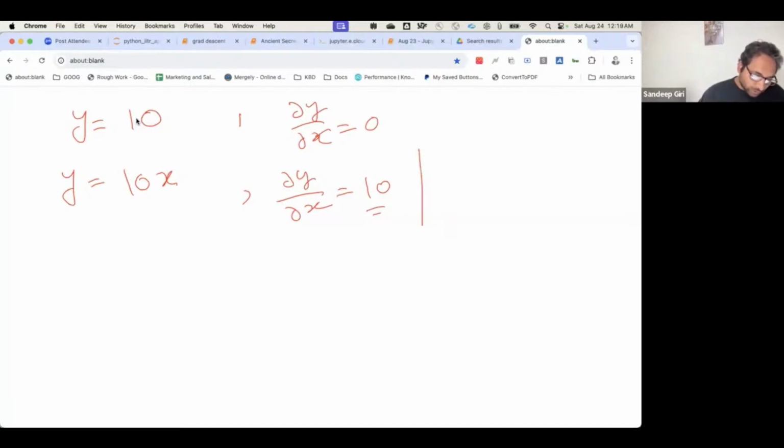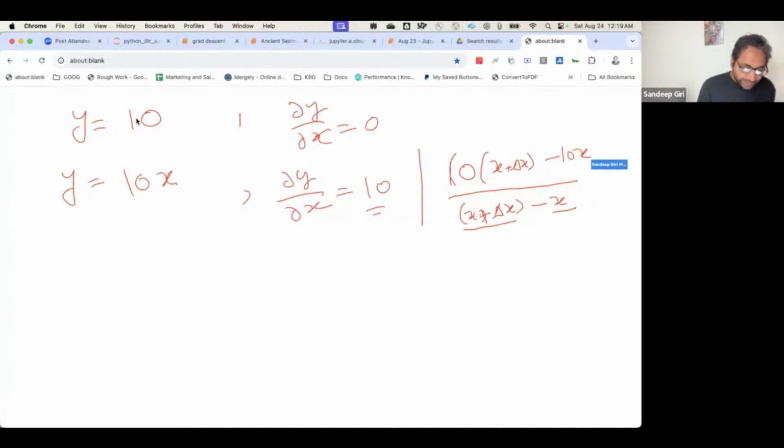Let's say our x went from x, initially, to x plus delta x finally. We increased x to x plus delta x. Now, how much will y become? It will be 10 of x plus delta x minus 10 of x.